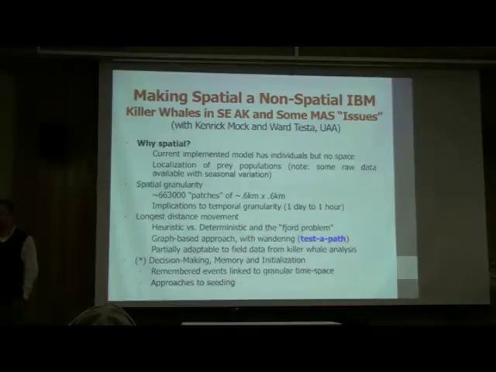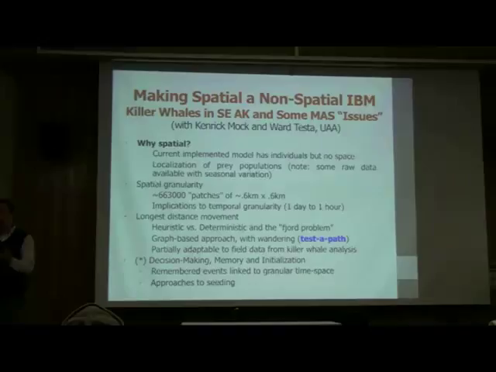So things like pod formation behaviors, hunting behaviors, in particular, prey selection behaviors. Right. So which prey selection behaviors will lead to the sort of killer whale predation that has impacted prey populations?